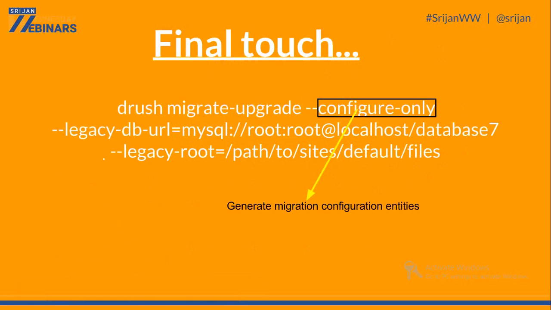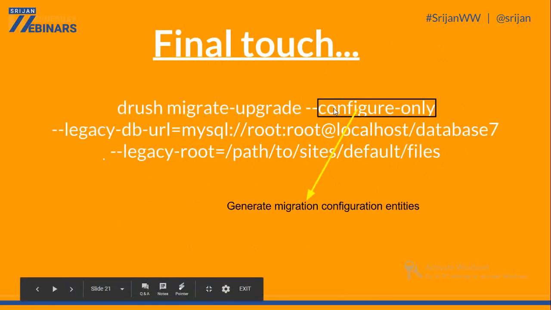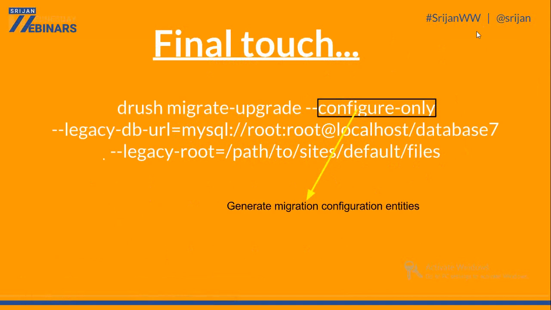Once you use configure-only, the whole list of templates according to the ETL process will get rendered on your terminal, and you can choose which configuration you want to import, or you can import all configurations at once. So it's totally your choice how you're going to import it. After that, this command gets run and the connection gets established between your D7 and D8 database.